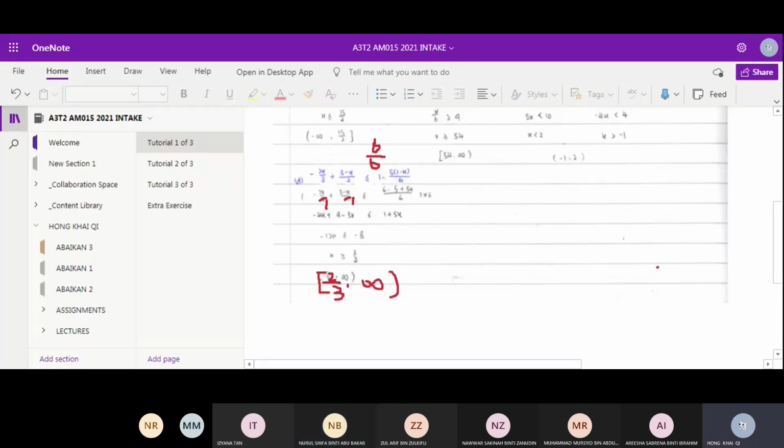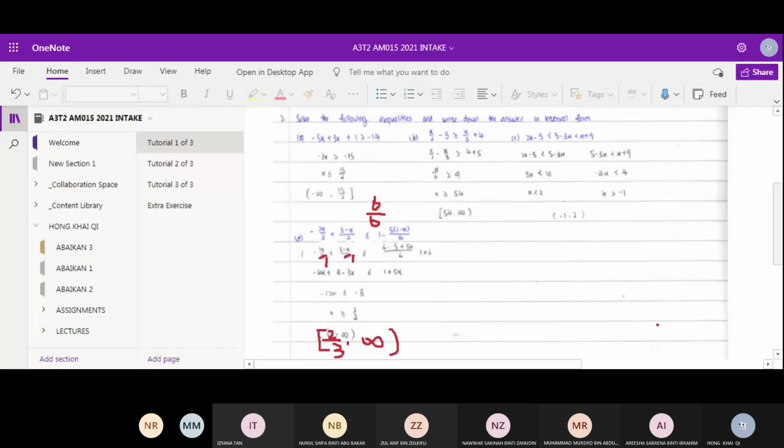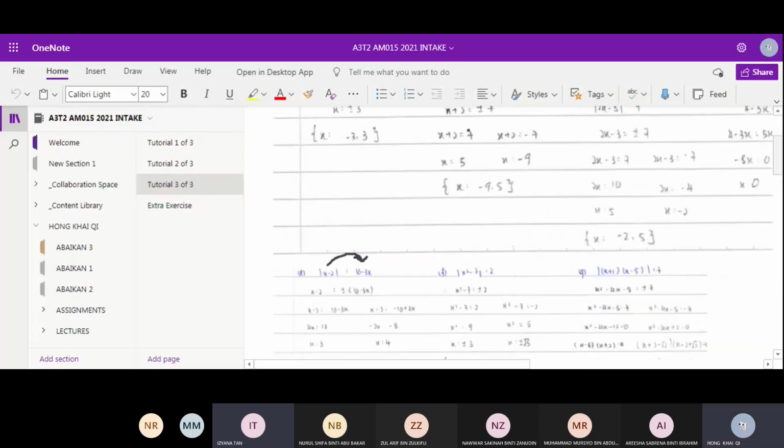Number 2. Any other questions? Number 2, B. 2B, I also don't know.